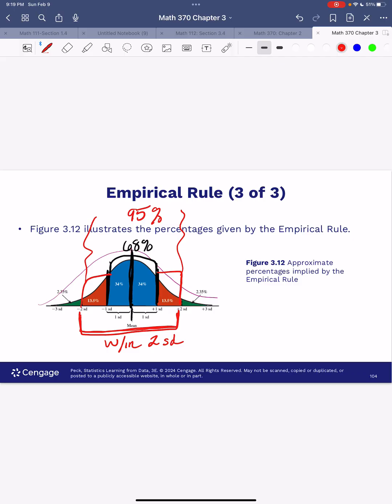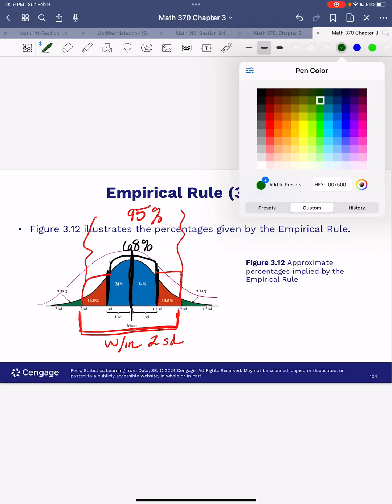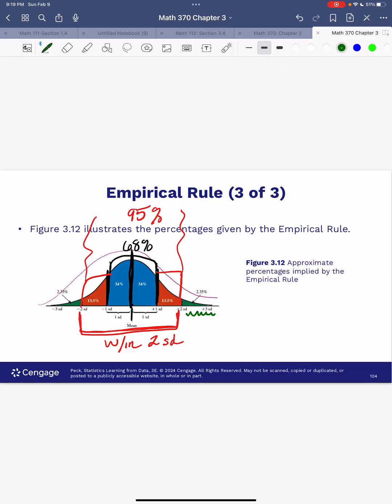Now out here in the tails is where we have that remaining 2.35%, and that's going to be in both directions because we have the symmetry. If we add up the 2.35 and the other 2.35, we get 4.7. So we get this 95% plus 4.7%, which is not quite 100%, but we know that this line here is not all the way touching in these tails.